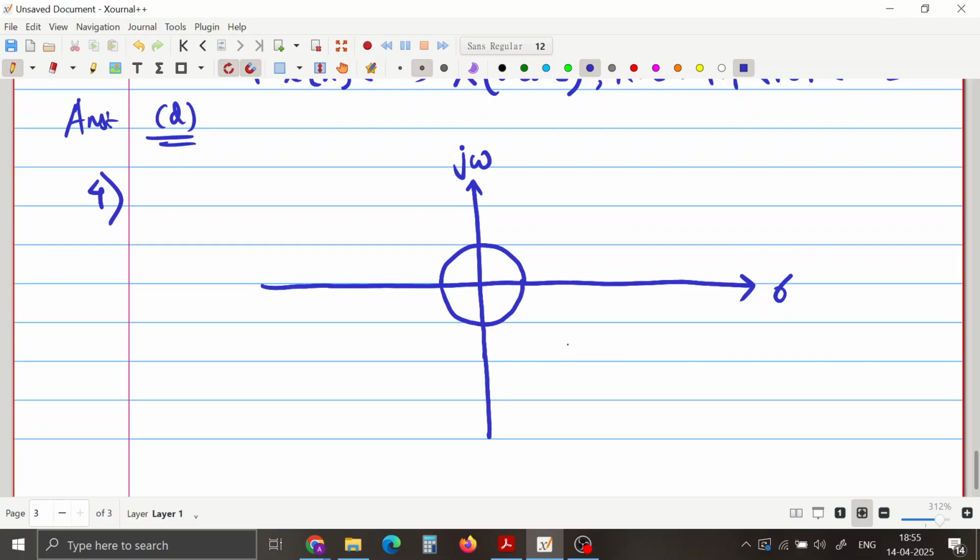Something like this. It's not drawn to scale, but you can understand. Unit circle means it's a circle of radius unity, radius 1, and this is in the z domain. We are in the z plane where z is some complex number.